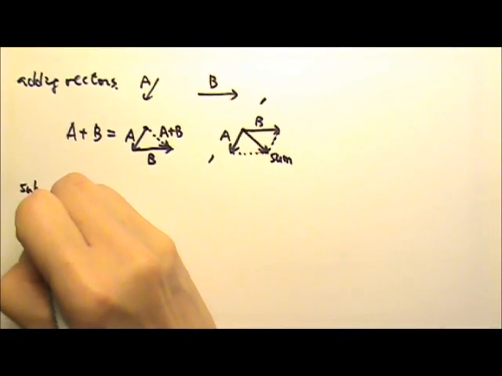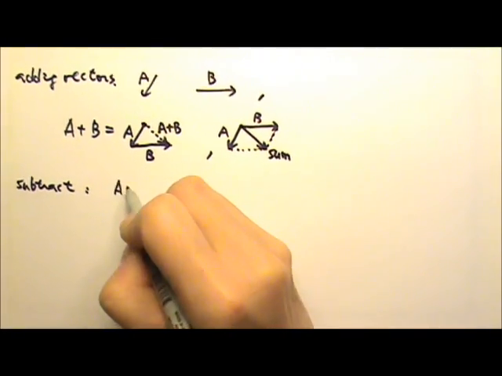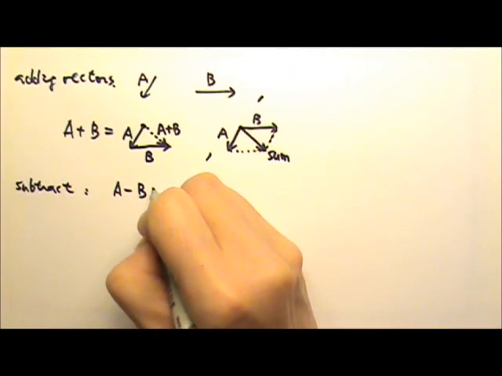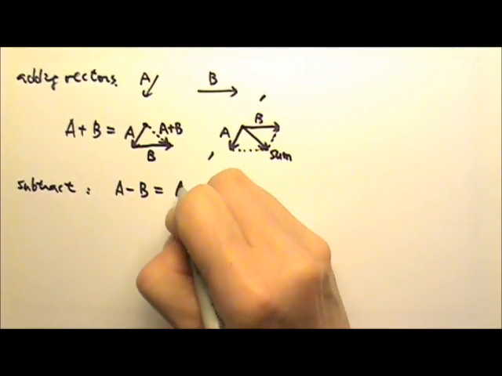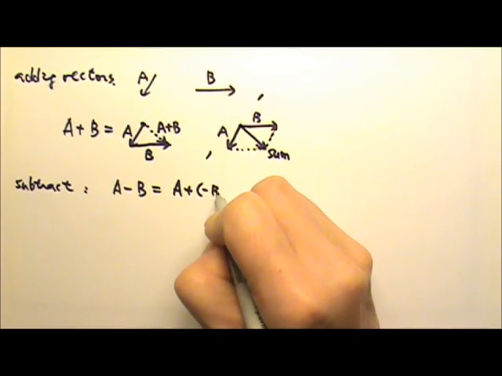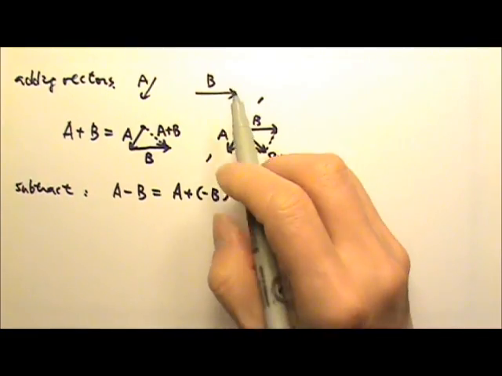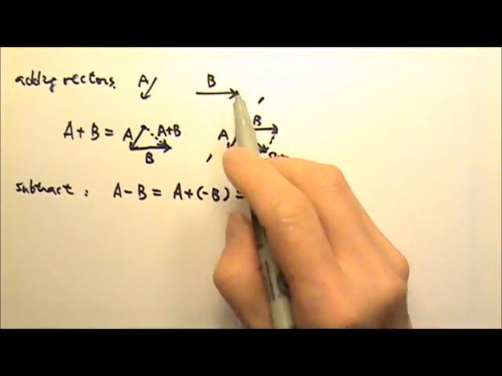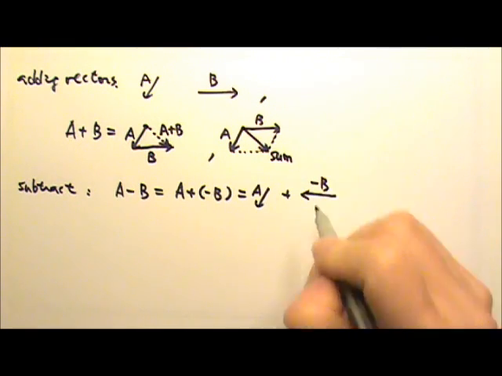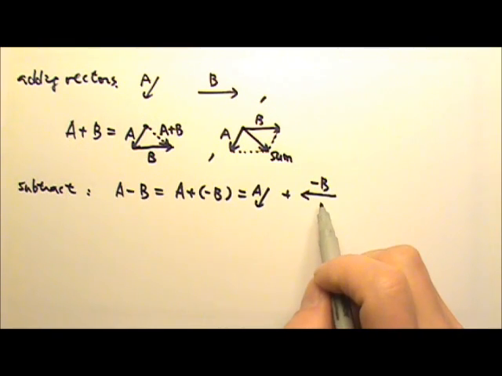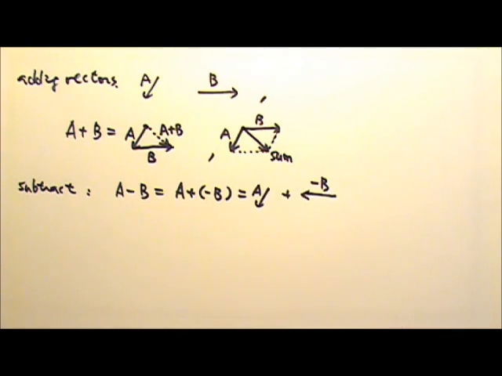If we want to subtract vectors, say A minus B, since we already know how to add vectors, all we have to do is A plus negative B. That means the vector A plus the opposite direction of B. This will be the negative B. Then I can add these two vectors using either the tail to tip or the parallelogram method.